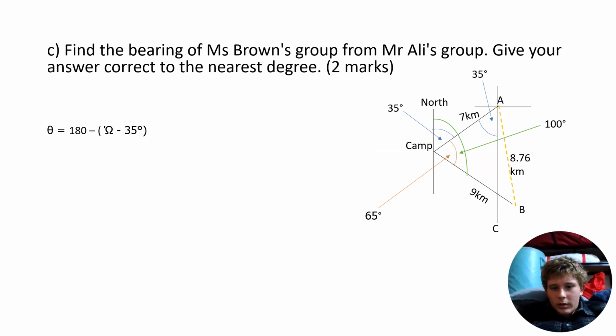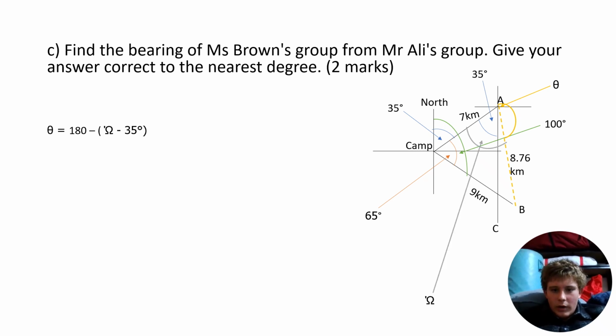Now this 35 degrees that's been added around point A is going to be an alternate angle from the original 35. Because we are finding the bearing of Mrs. Brown's group from Mr. Ali's group, I've created a point on A, which is Mr. Ali's current location, and we go around to that dotted line, and that is the bearing. We'll call that theta, because we're not using theta anymore.